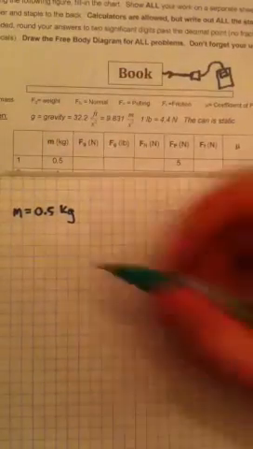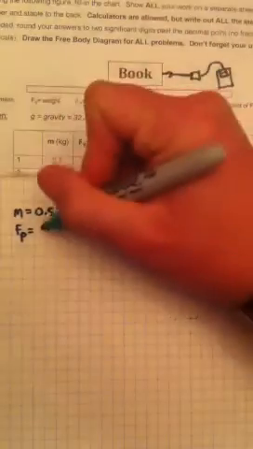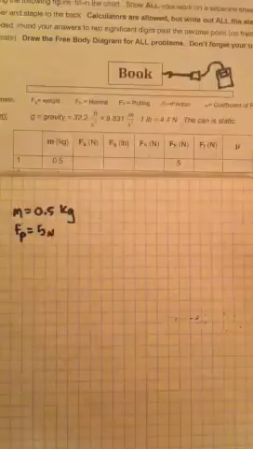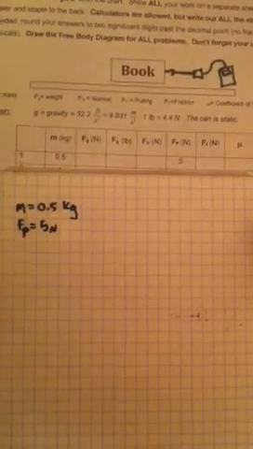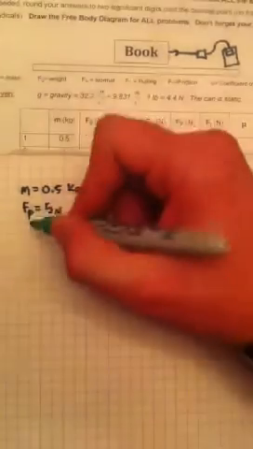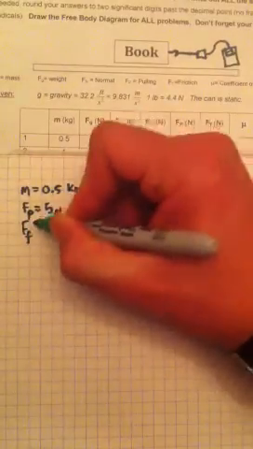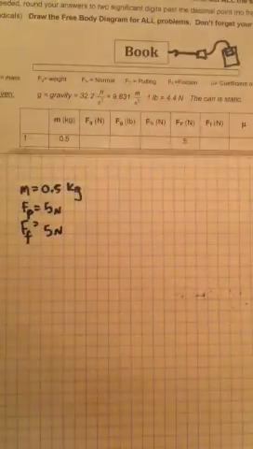We are also told that if we pull with a force of 5 newtons, that's the point of sliding. So that's our big clue there. That's when it starts to move. So that obviously tells us the force of friction right before it slides is probably also 5 newtons.